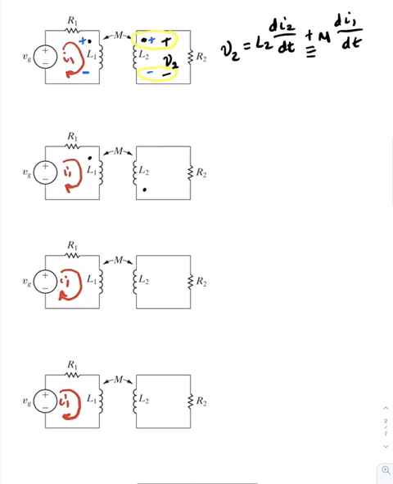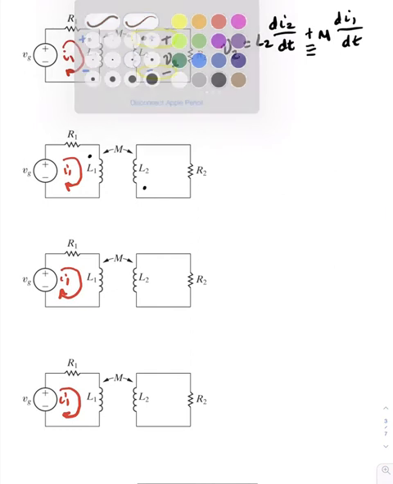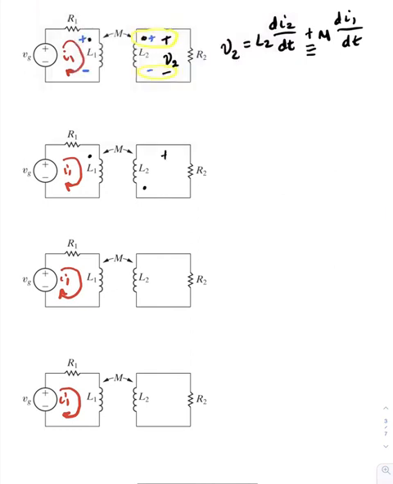For V2 we'll keep the same reference polarity.